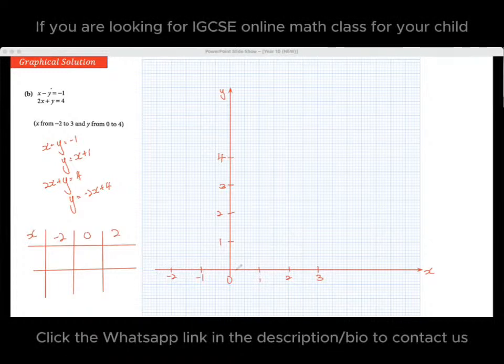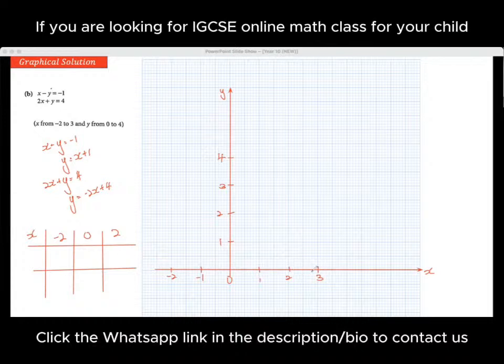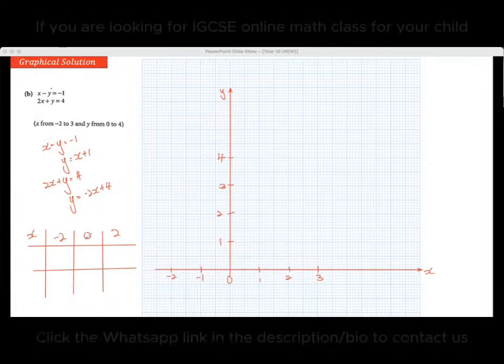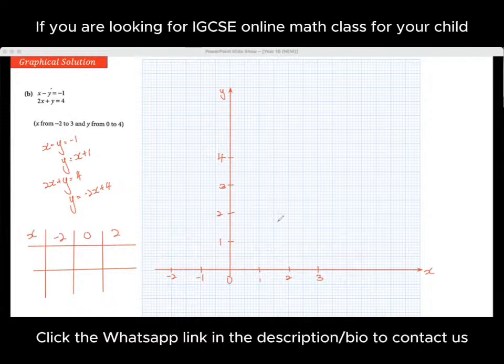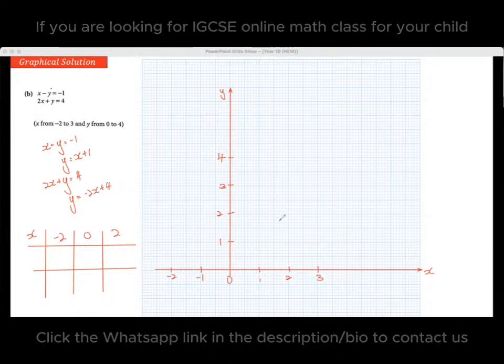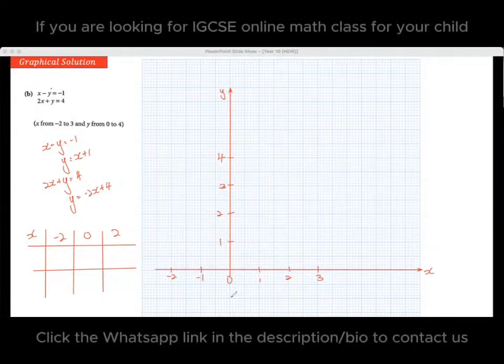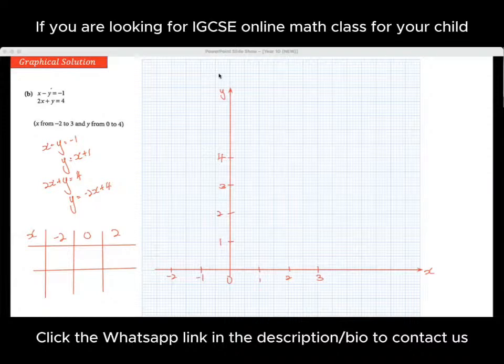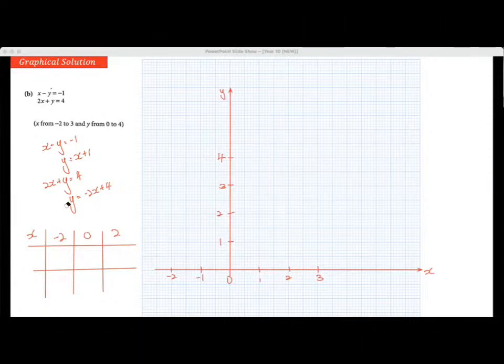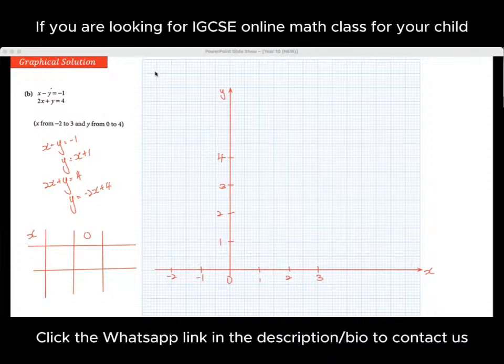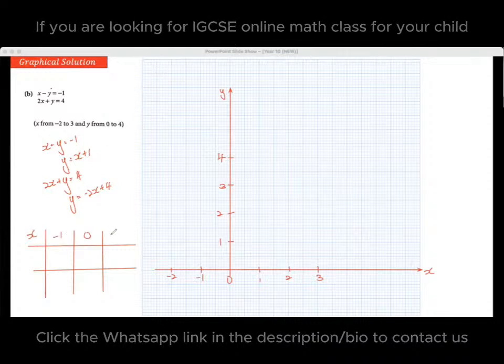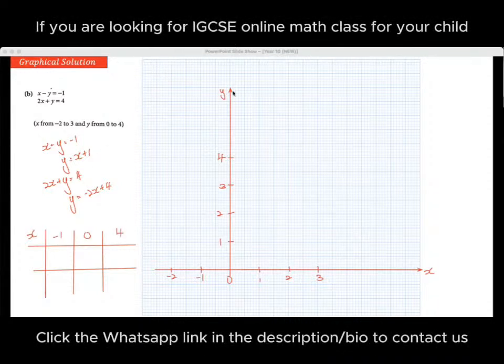If you want to do 6 points, like from -2, -1, 0, 1, 2, 3, it is up to you. But if I start from here, I cannot start from -2. Why? Because -2 plus 1, I get -1, so my y, I do not have -1 here. So I will start from -1 and 4. But not 4, 3.